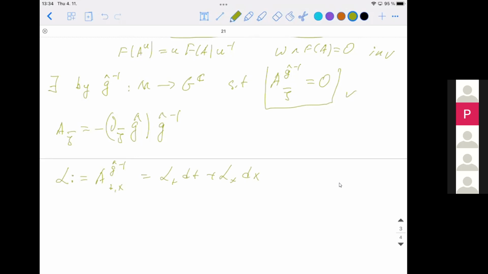Let's define this, and let's just write it again.